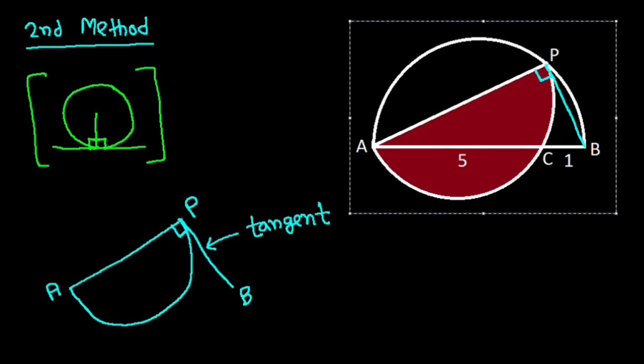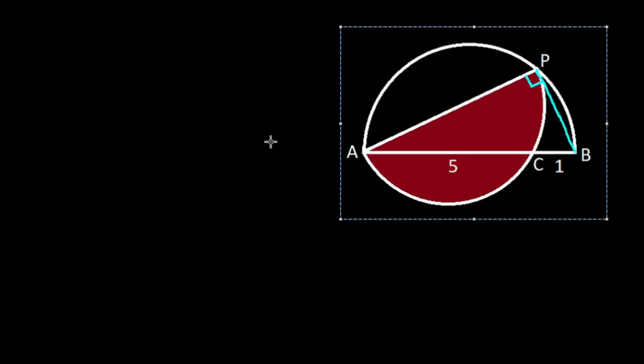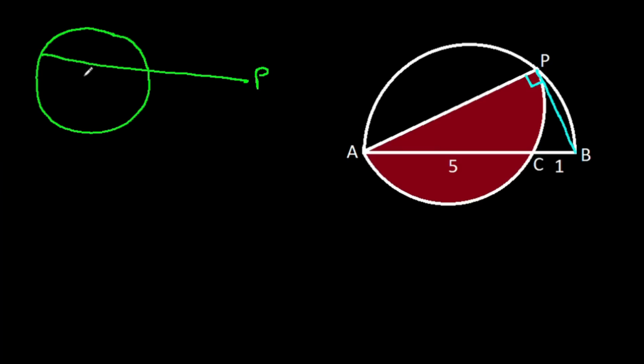And now, in any circle, from any point P, if AB is any chord and PT is a tangent, then PA times PB is equal to PT square.